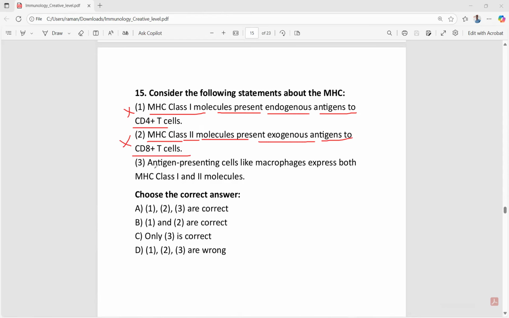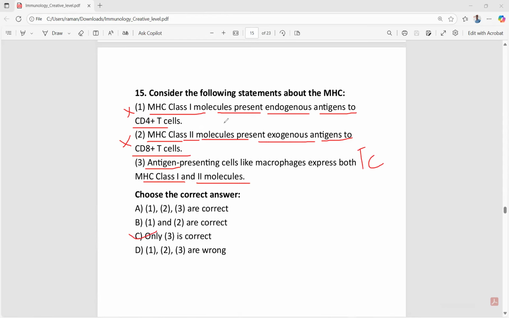This is also wrong. APCs, antigen presenting cells like macrophages, express both MHC class 1 and class 2. This is correct. Options 1 and 2 are wrong, option 3 is right. Remember that. So MHC presents to CD8. What is CD8? TC cells.